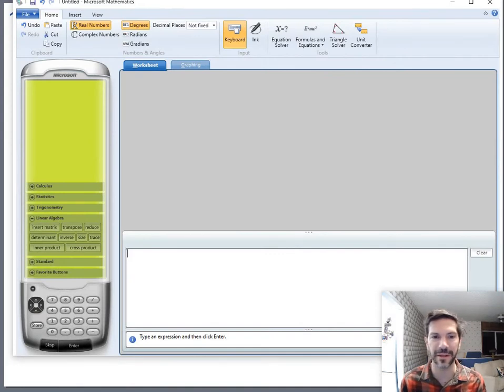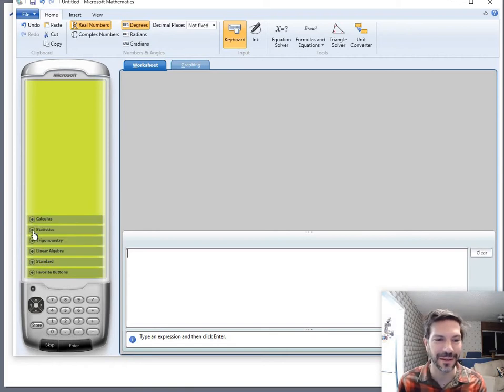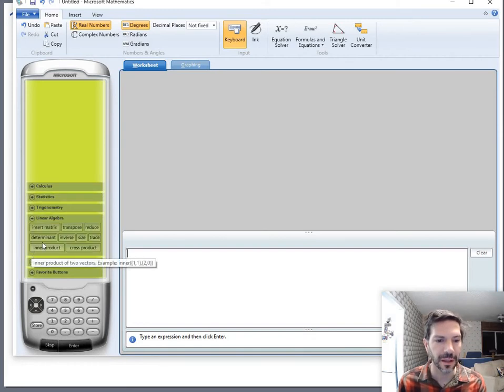So this is what it looks like. Microsoft is not developing or supporting this anymore, but it still works just fine. There's sort of a basic graphing calculator on the left and a worksheet on the right, with tools for different subjects within math. We're here at linear algebra. And at the moment, we want to reduce.